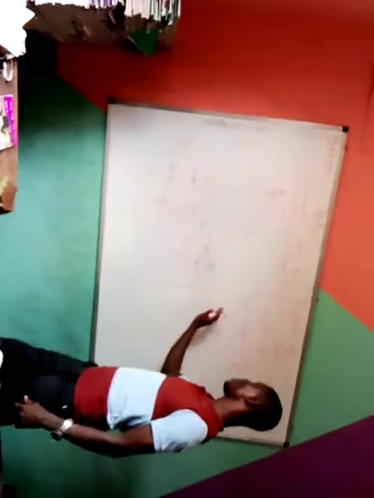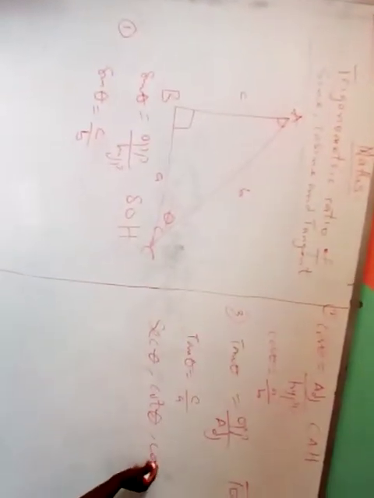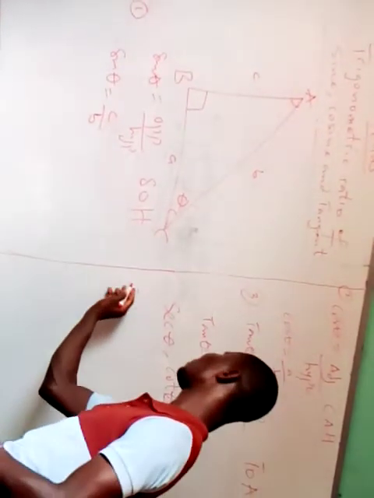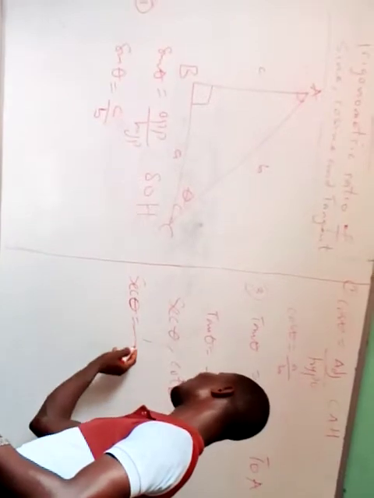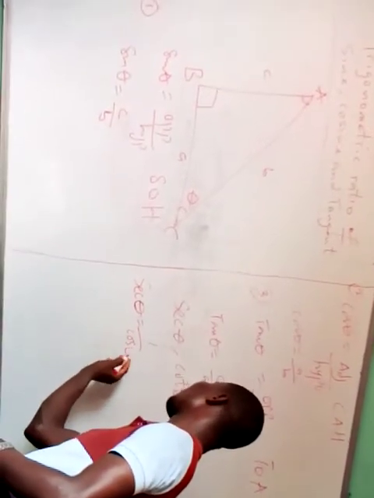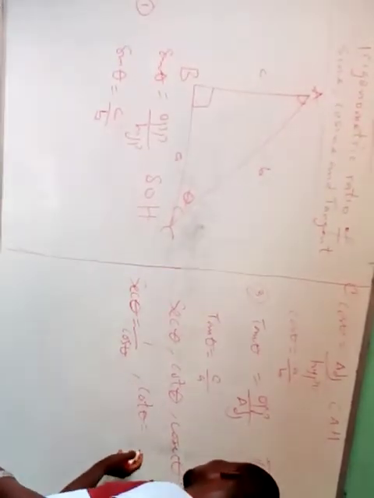Now, apart from this, we also have some other ratios that we call sec theta, cot theta, and cosec theta. Sec theta simply means 1 over cos theta. Then cot theta simply means 1 over tan theta.